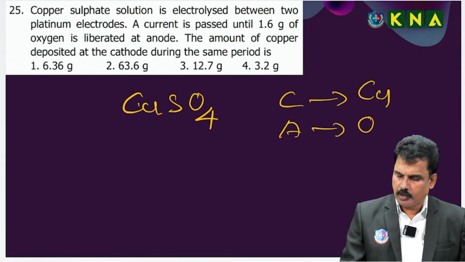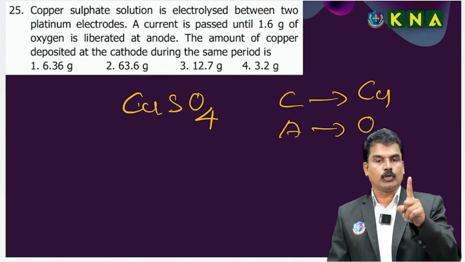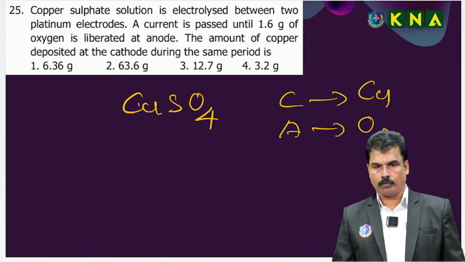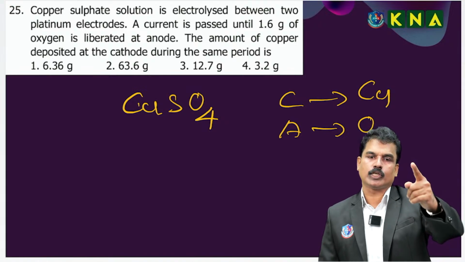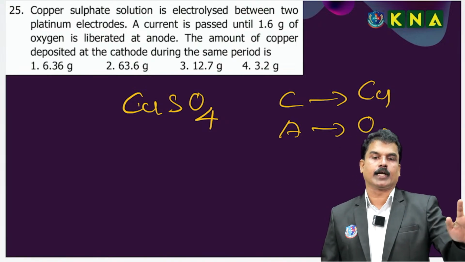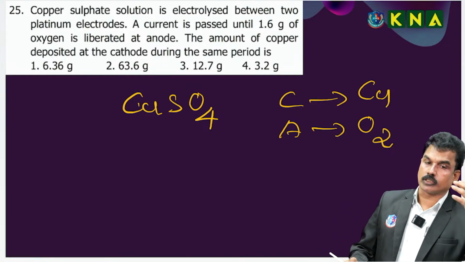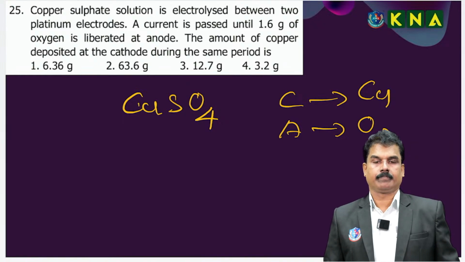At the anode, oxygen is liberated, because copper sulfate solution contains Cu2+, H+, SO4 2- and OH- ions. Between Cu2+ and H+, which has more reduction potential? Cu2+, so Cu2+ migrates towards the cathode. Between SO4 2- and OH-, which has more oxidation potential? OH-, so oxygen will be liberated at the anode.